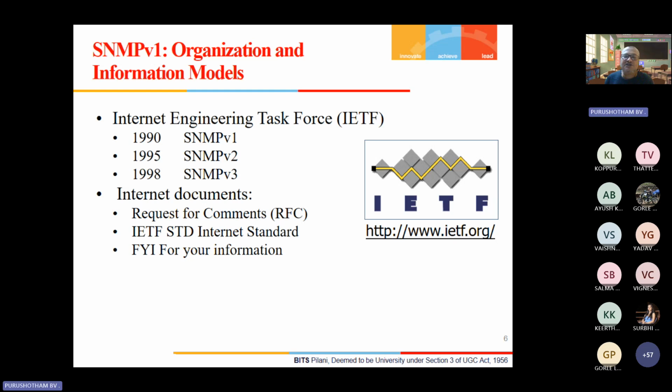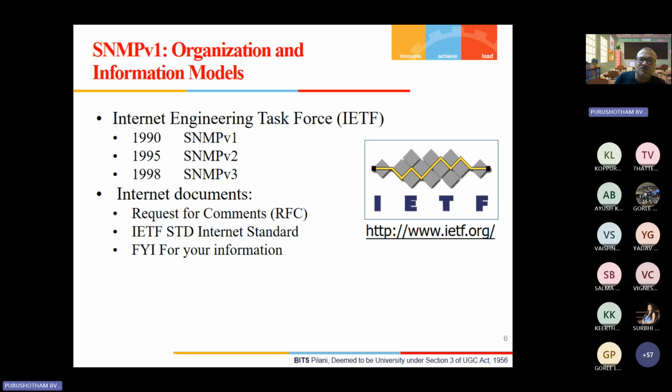So the Internet Engineering Task Force, IETF, in the year 1990 managed to put this out as SNMP version 1. In 1995, the refined version of SNMP 1 came, which is version 2. And in 98, after 3 years, SNMP version 3 came, which is the stable one now.